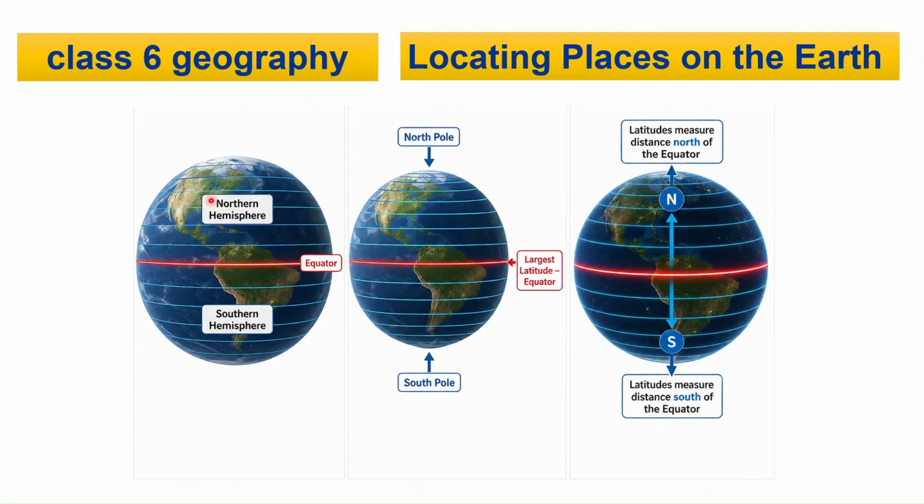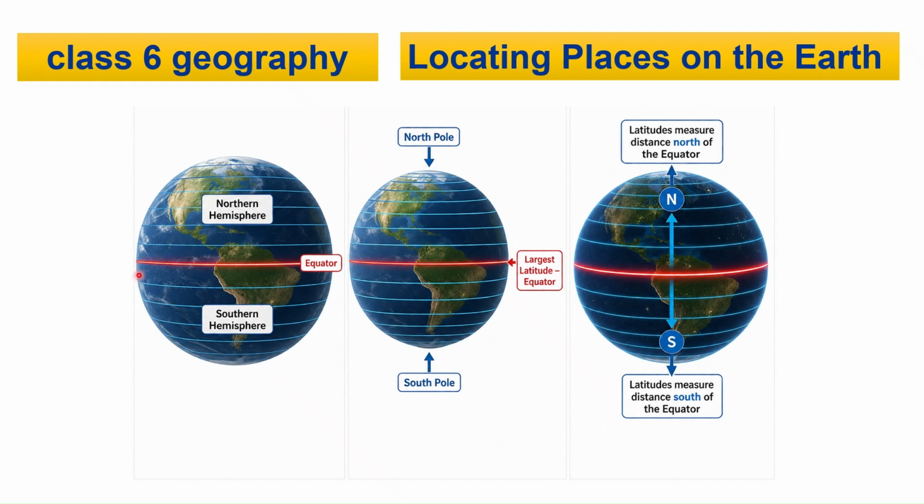Now let's learn about latitudes. The latitudes are imaginary lines drawn around the earth from east to west, and the longest latitude is the equator. They are also called parallels because they are always parallel to each other, they never meet. Latitudes help us to measure the distance north of the equator and the distance south of the equator.